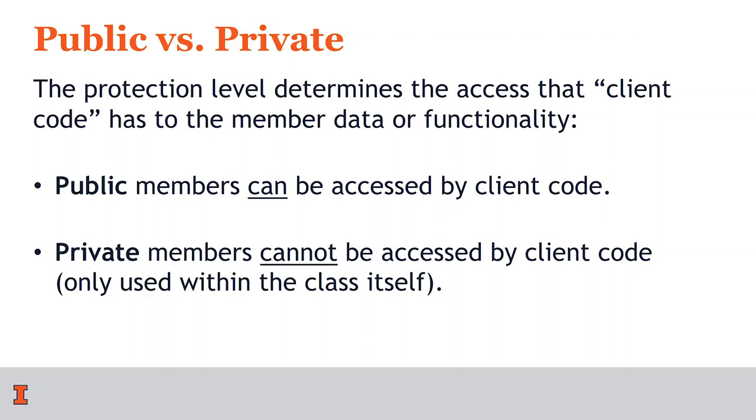Anyone who uses our class, which we're often going to call client code, is any code that imports our class and makes use of our cube or whatever custom data type we have. If a member function or a member data variable of our class is public, anyone can access this. The other side of protection is if we declare any of our variables or any of our methods private, that data or that functionality can only be accessed by the class itself.